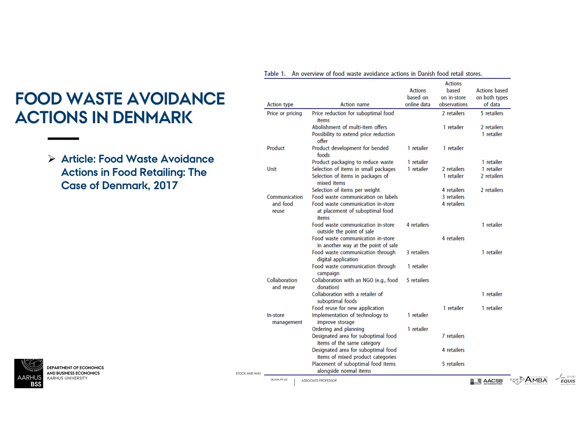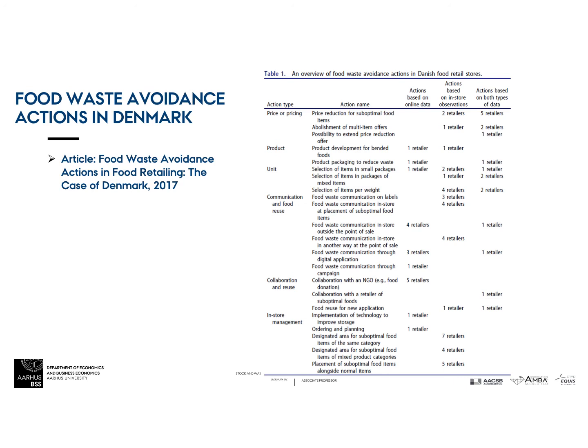In Blackboard, I also uploaded the document about food waste avoidance actions in Denmark. Here I post Table 1, an overview of food waste avoidance actions in Danish food retailer stores.